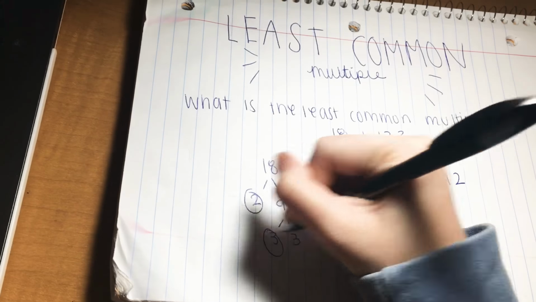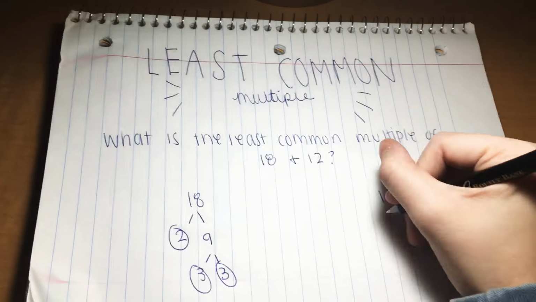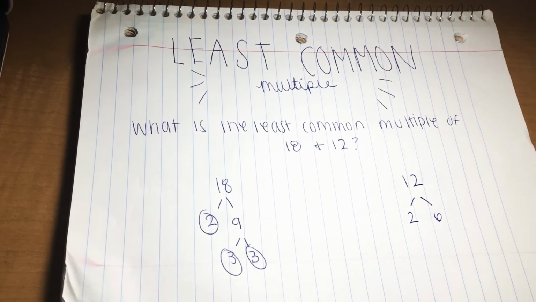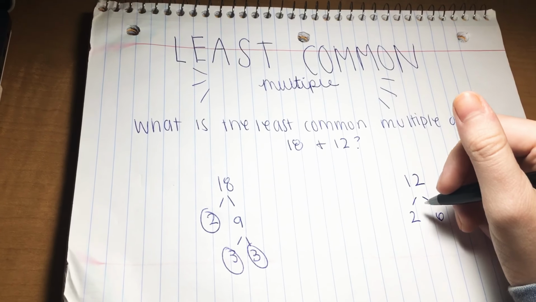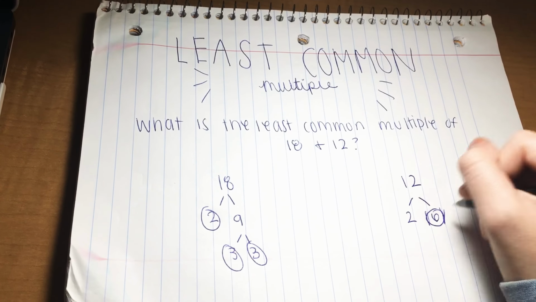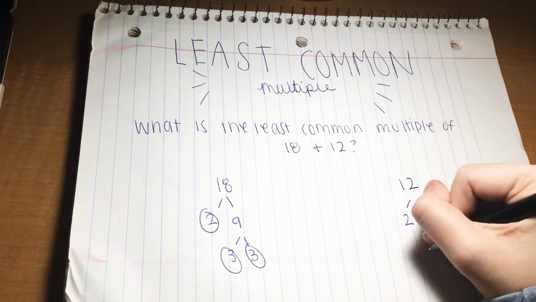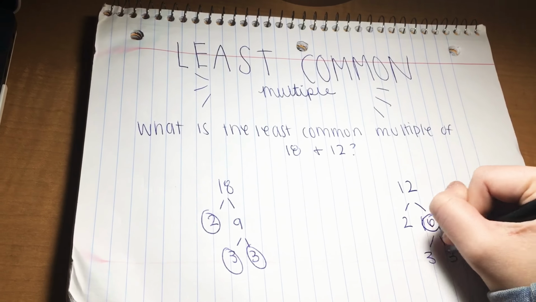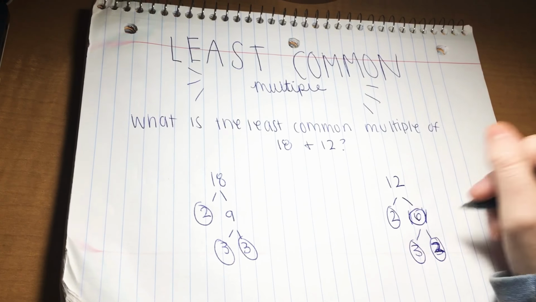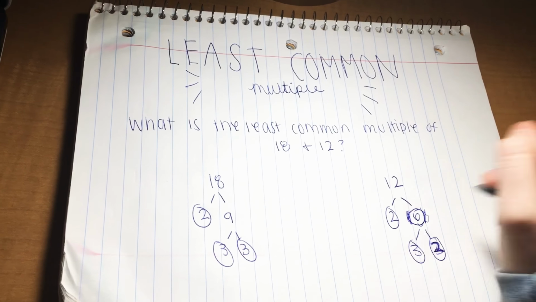So you have 2, 3, and 3. And for 12, we know that 12 is 2 times 6, and then 6 is 3 times 2. So you have 2, 3, and 2. Ignore the 6, I shouldn't have circled that.